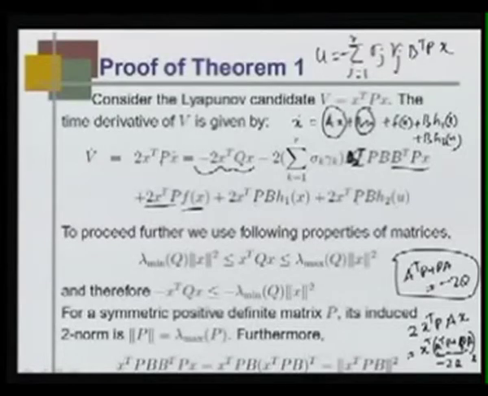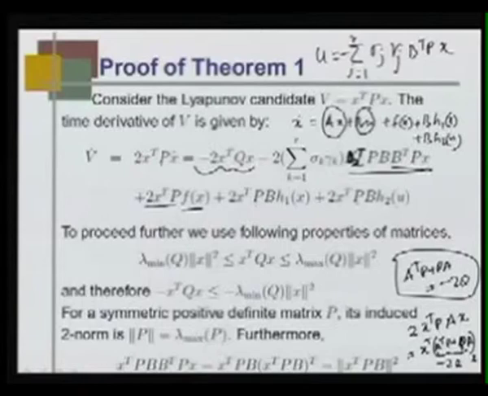So, x transpose P B B transpose P x can be written as x transpose P B times x transpose P B transpose, which is B transpose P x. So I can write this as a norm, x transpose P B norm square.